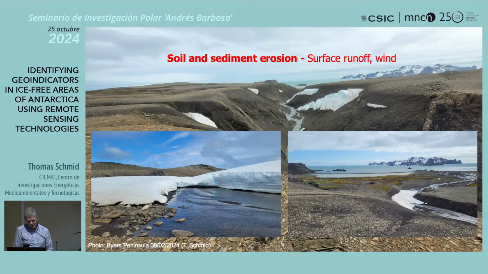And when it comes out to the coast, these channels form deposits of the sediments, and they can form catastrophic events. And these events are interesting to be able to study. So here we have an example of what happens in a really dynamic area of the ice-free areas.